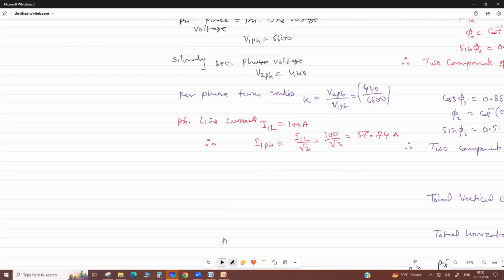Okay. Now, by using the turn ratio, per phase turn ratio, that is V2 phase by V1 phase equals I1 phase by I2 phase, करंट अपोजिट होती है. So from here we calculate the secondary phase current.